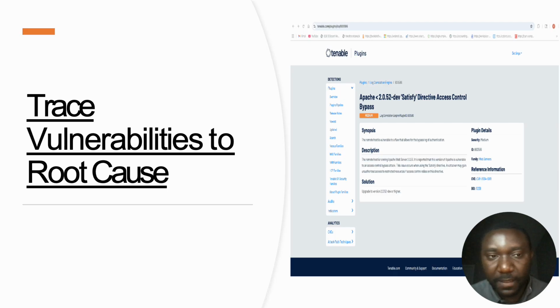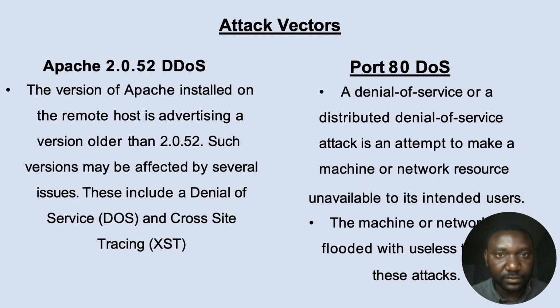For instance, the remote host is vulnerable to a flaw that can allow the attacker to bypass the authentication. The attack vector you see is Apache, and then we have port 80.